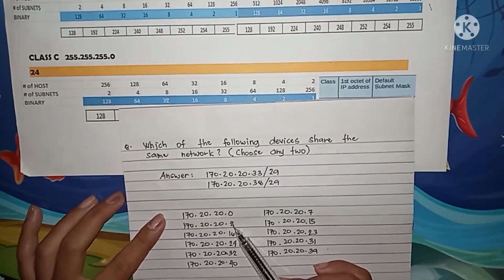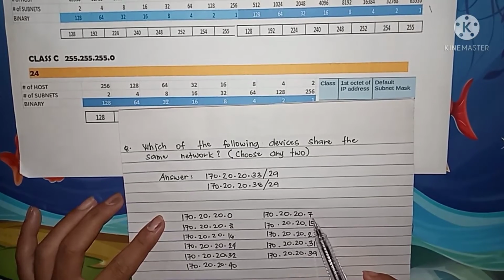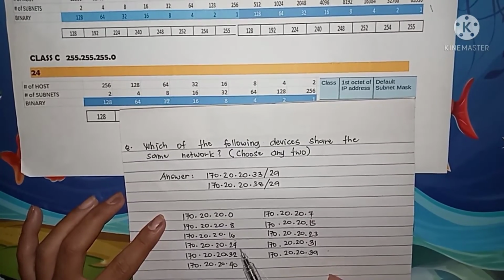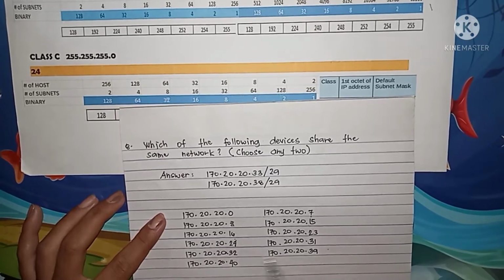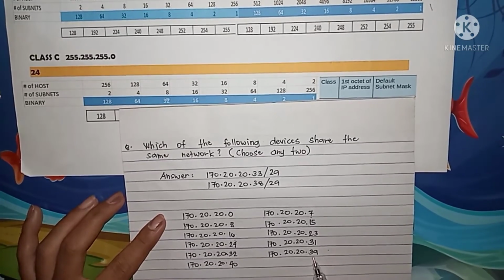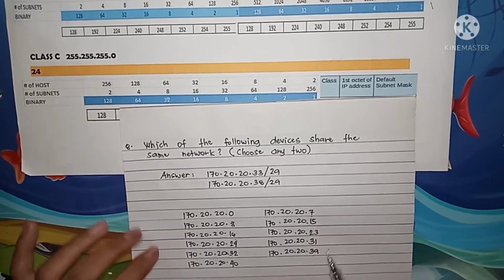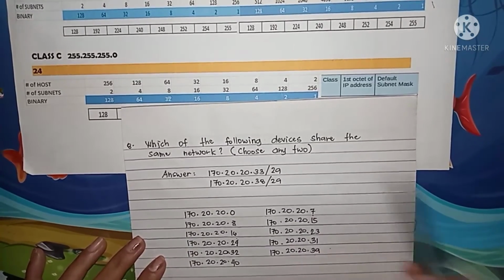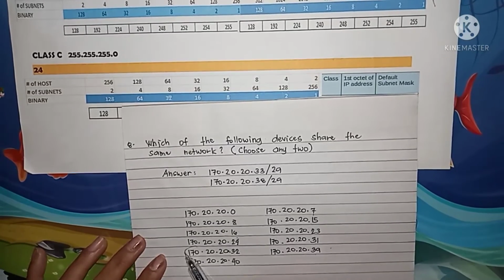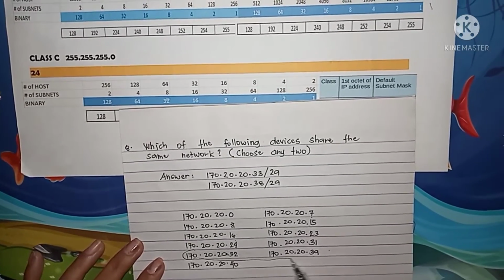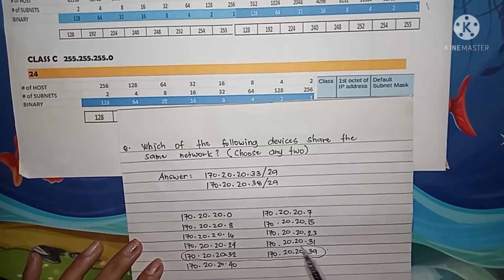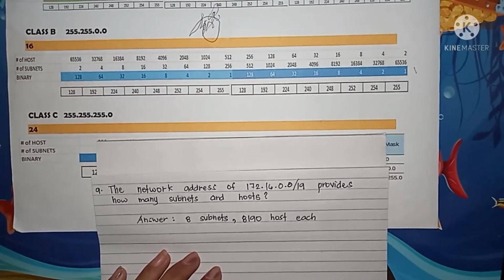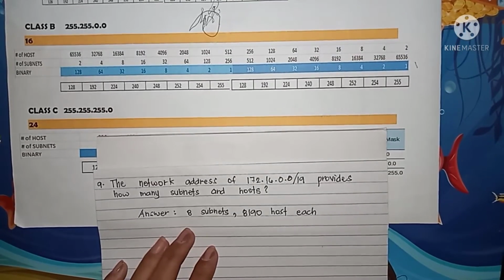And then the interval is being minus 1. Here, this will become 7, 15. 24 becomes 23. 32 becomes 31. And then 40 becomes 39. So the 38 and 33 belong here. 170.20.20.32 to 170.20.20.39. Let's proceed to our last question.